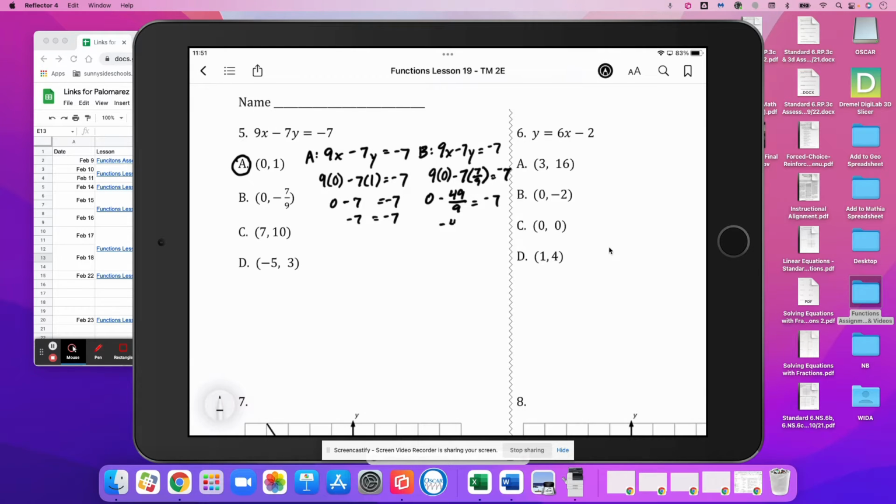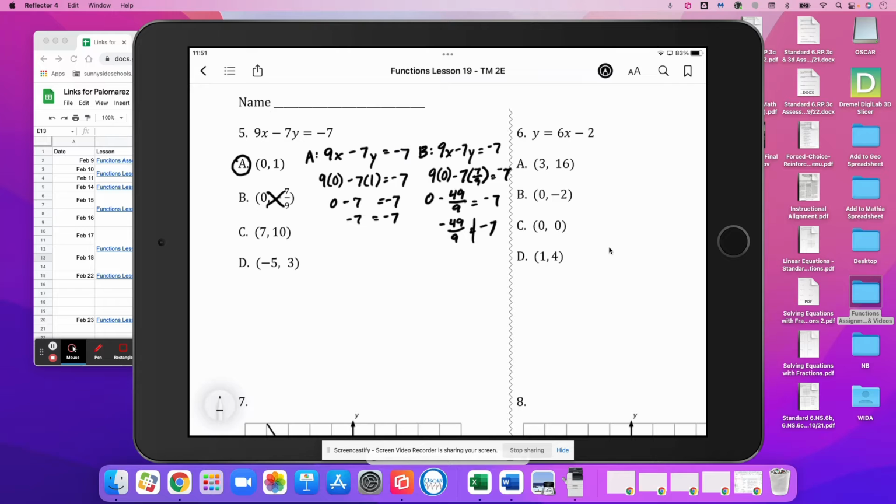And no, negative 49 over 9 is not negative 7. So b is out. The other way to notice that b would be out is we already have a number that's paired with 0. So for a, we have 0, 1. And for a function, it can't have more than one y value for every x value. So b loses because it can't be with 1 and negative 7 ninths at the same time.